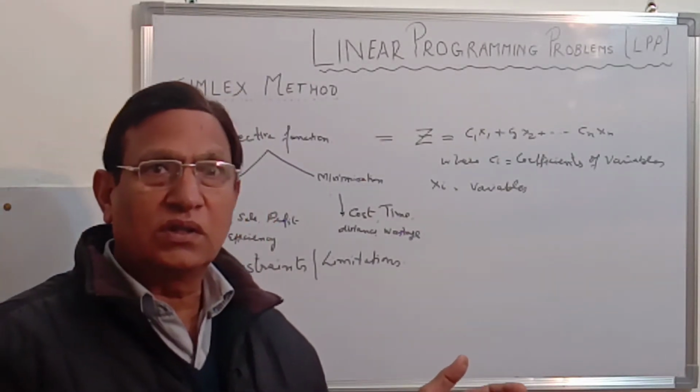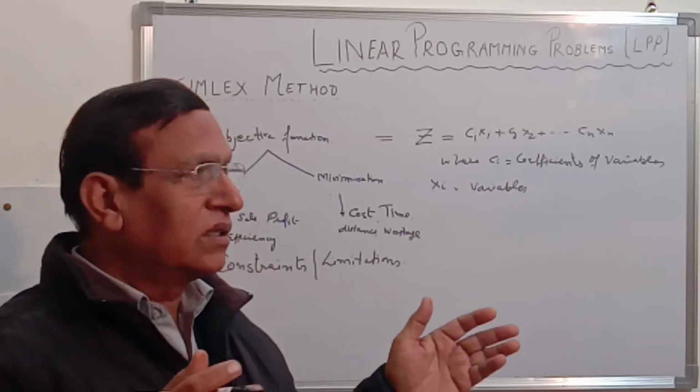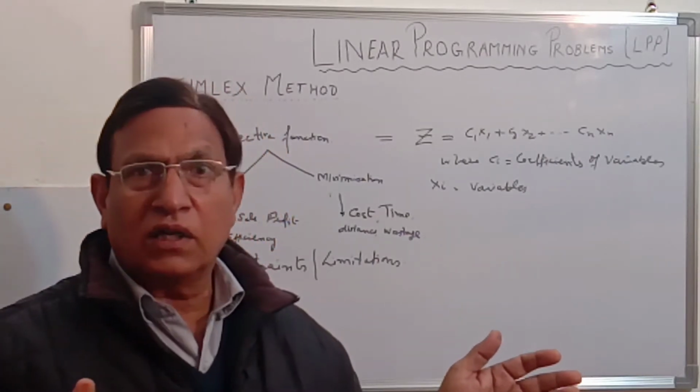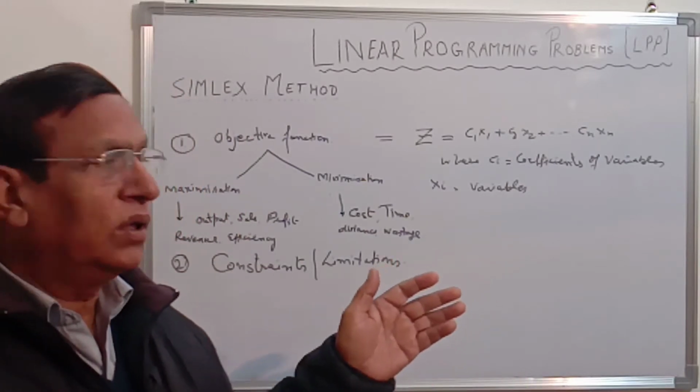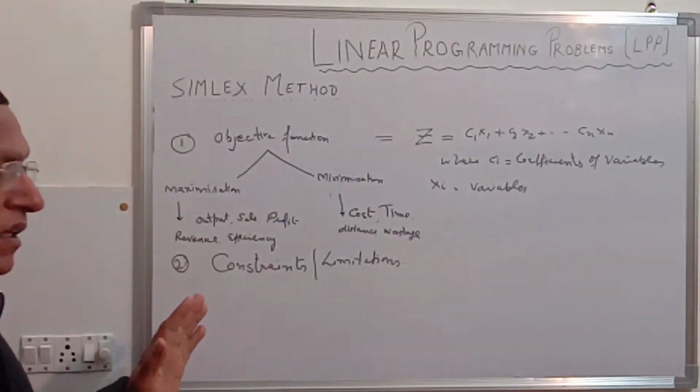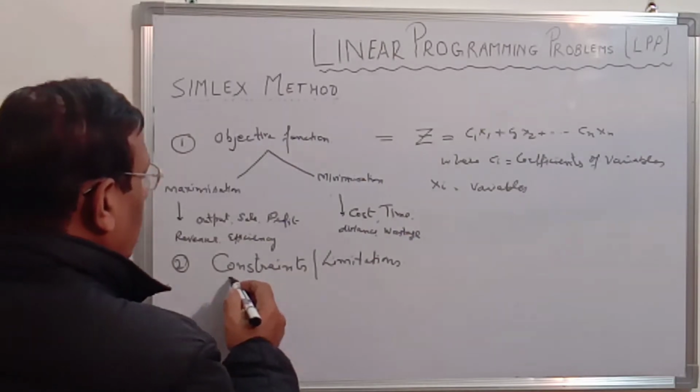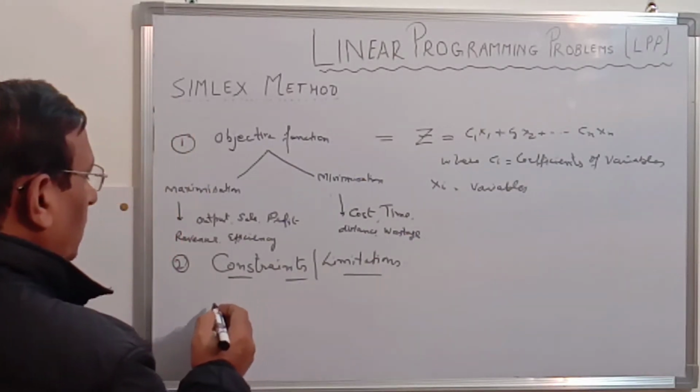Manpower is a resource, capital is a resource, machines, working hours are resources. So limitations are there.